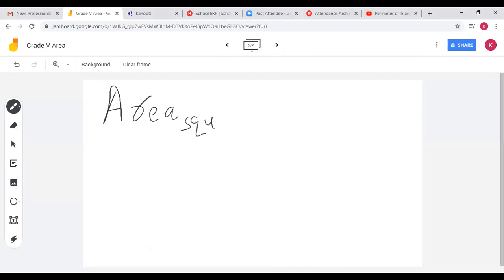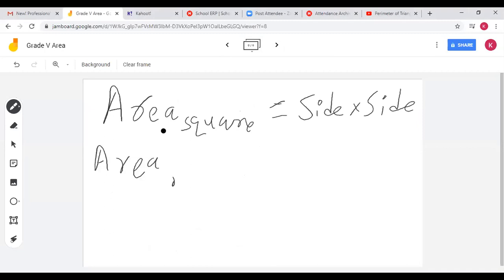Area of a square is equal to side into side. This you have studied in 4th standard, right? Area of a rectangle is equal to length into breadth. That is also side 1 into side 2.